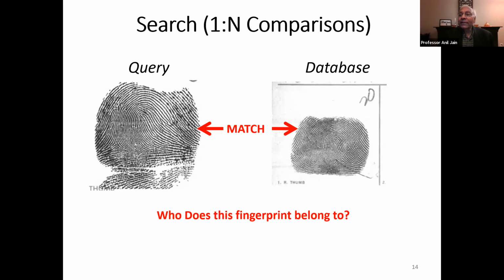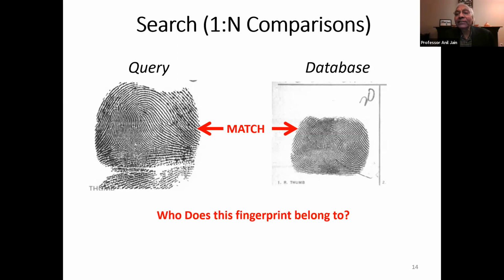We simply take the image and we search the entire database. Remember, in the authentication, you claimed who you are, so we only compared your query image with who you claim to be. But here, we have to search your fingerprint with everybody in the database.